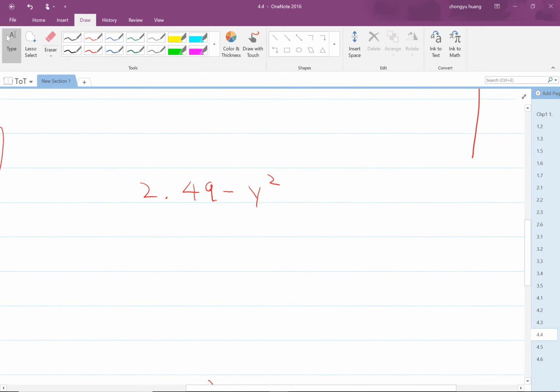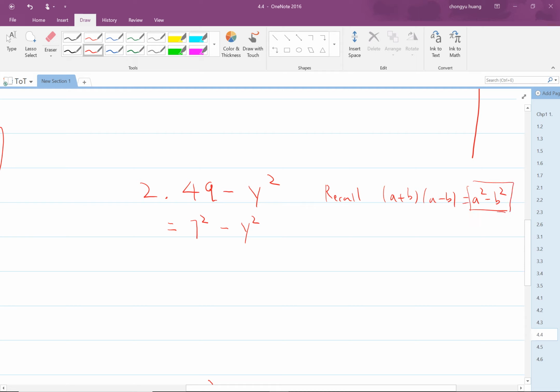Question 2, we also want to factor it. We have 49 minus y squared. Let me recall again: a plus b and a minus b is equal to a squared minus b squared, right? Looking at this question, it seems really familiar. You notice that 49 is equal to 7 squared, and then it's minus y squared, right?